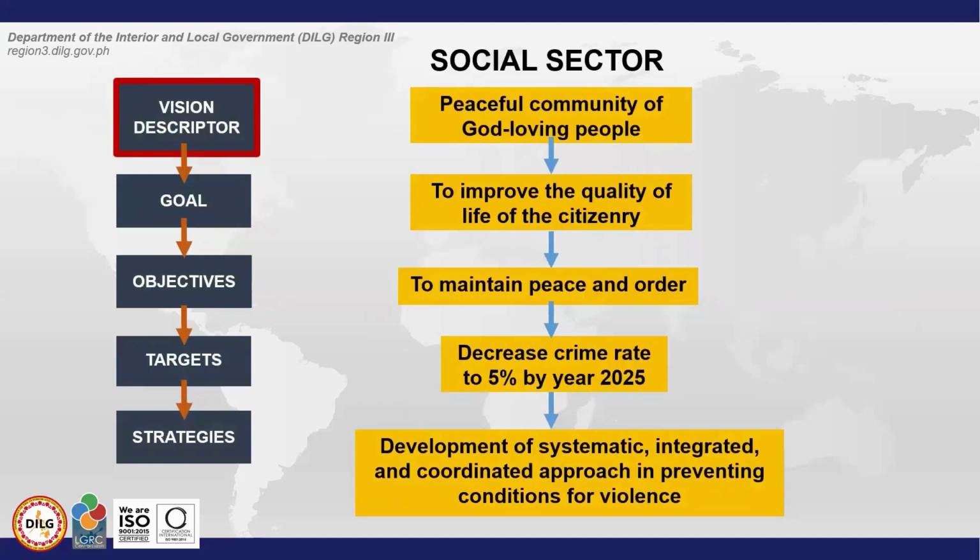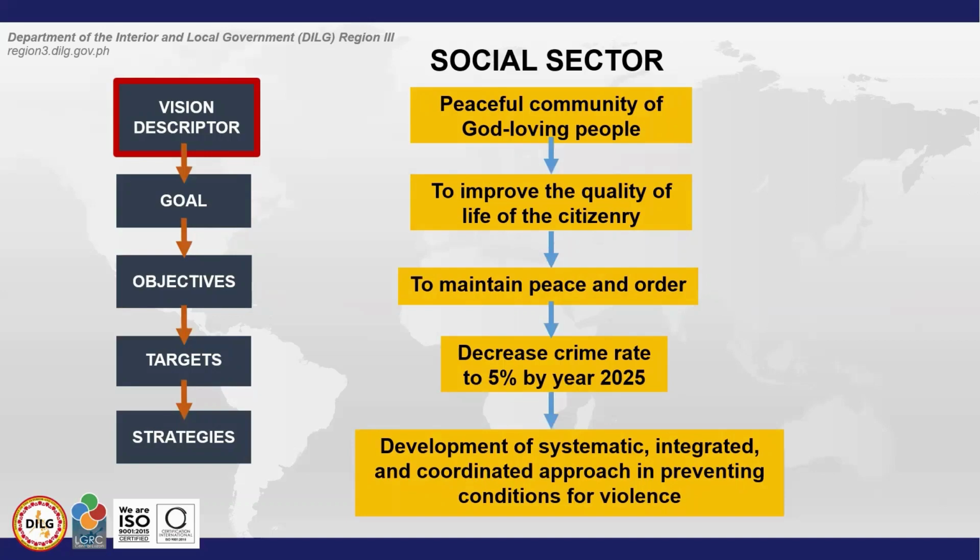The objective is to maintain peace and order. The target is to decrease crime rate to 5% by year 2025. And the strategy is development of systematic, integrated, and coordinated approach in preventing conditions for violence.